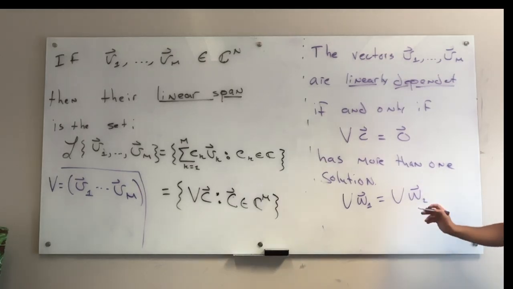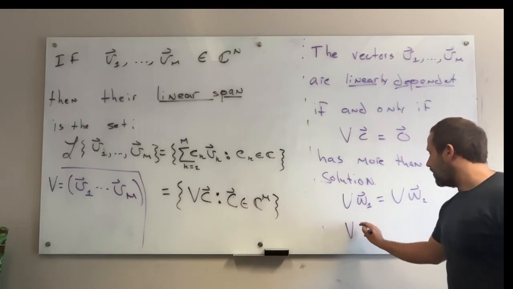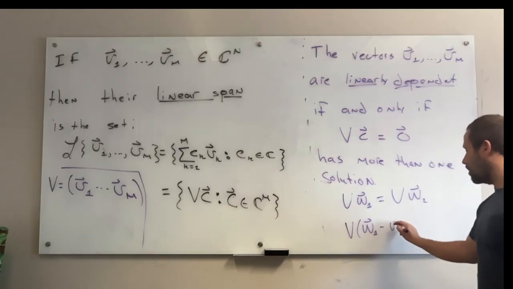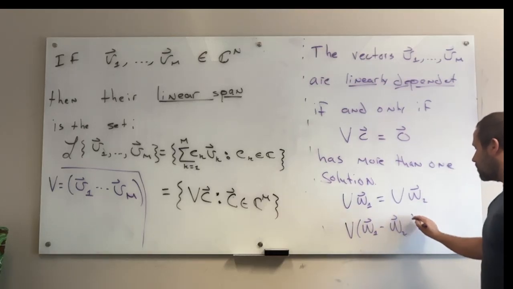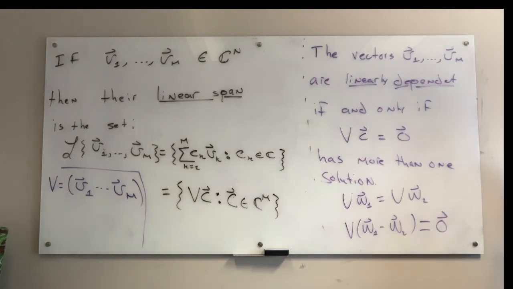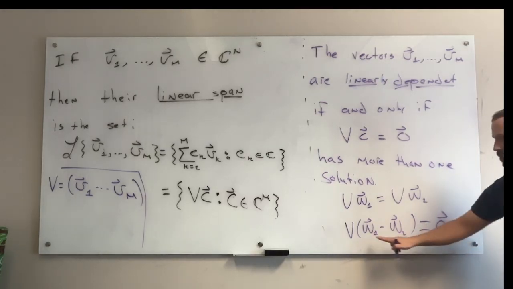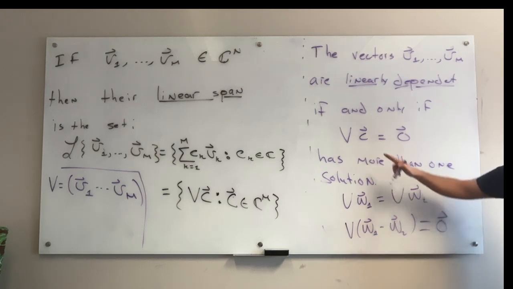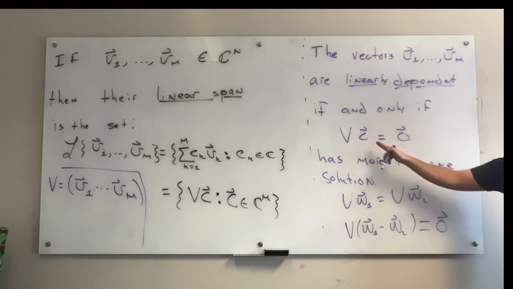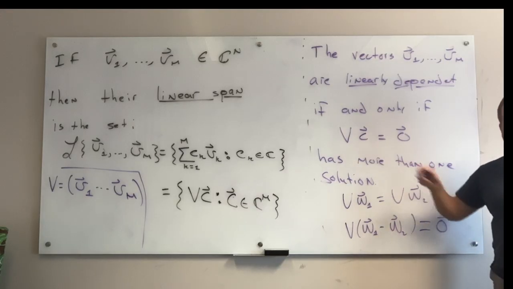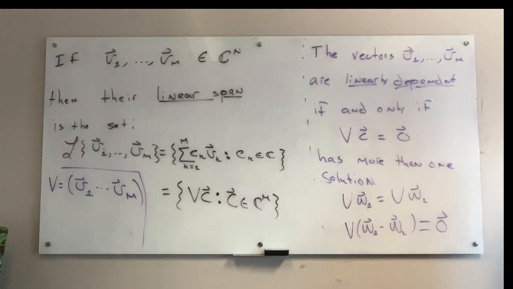If this is true, then I can subtract, and this says V times (w1 minus w2) is equal to the 0 vector. Now, if w1 and w2 are not equal to each other, this is not going to be the 0 vector here, and so we have another solution to V times c is equal to 0. So if c is equal to the 0 vector, this is going to be true. So there's always one solution to this equation, that is c equal to the 0 vector.